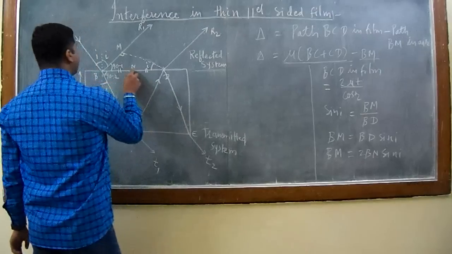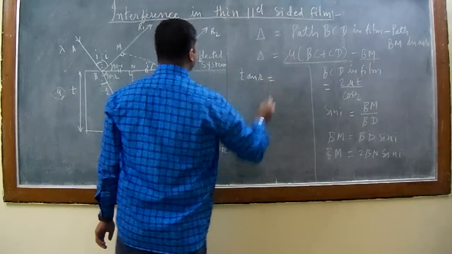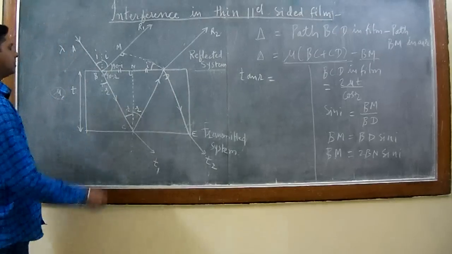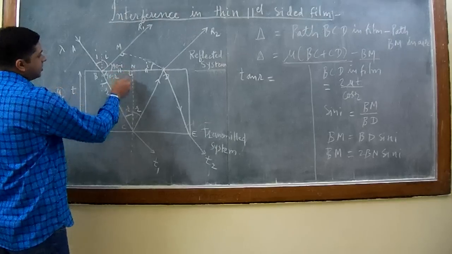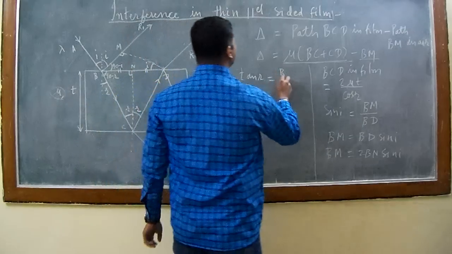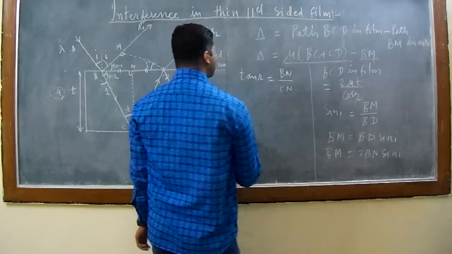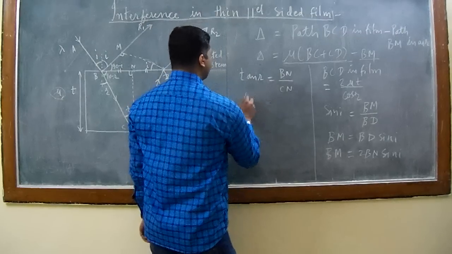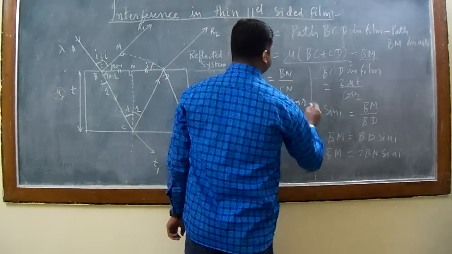So we have to find out what is BN, and in order to find out BN, tan of r is equal to opposite side upon adjacent side, so tan of r is equal to BN upon adjacent side, which is CN. But CN is nothing but t, and therefore we can write BN is equal to t into tan of r.